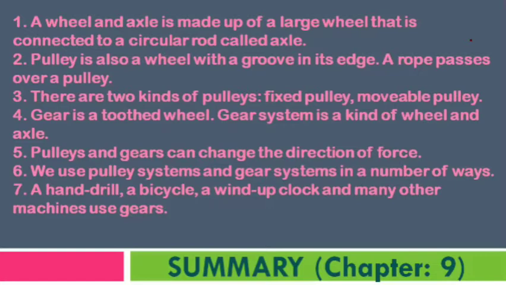So first we will recall a summary, like we will have some review of what we have studied before in this chapter. So let's see what we have studied. Number one, we have seen in this chapter a wheel and axle, about simple machines.